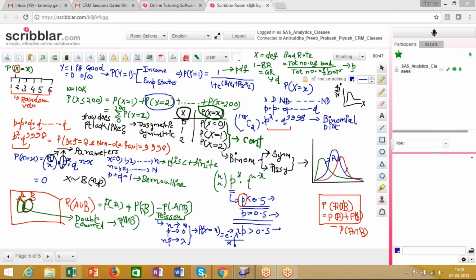So the Poisson distribution is used to model rare outcomes. Basically, outcomes where n is very large, that is, the number of trials is very large, but the probability of the outcome occurring is very small.